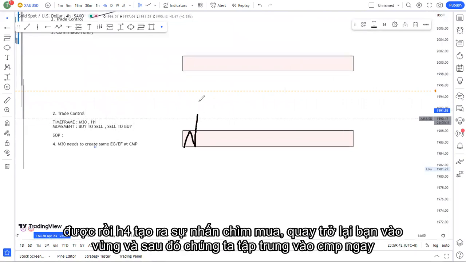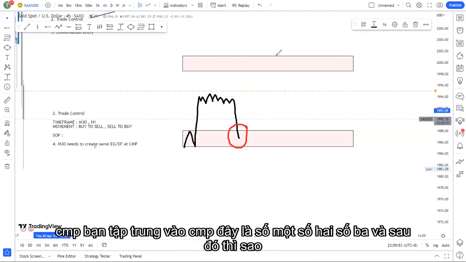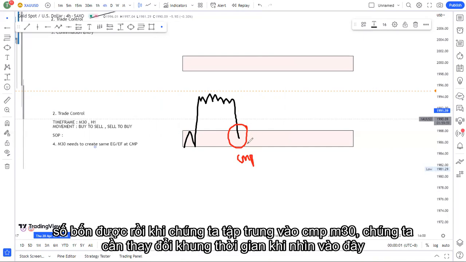H4 creates engulfing buy. Go back, you get into the zone, and then we focus on the CMP, right? This is SOP number 1, number 2, number 3. And then what about number 4?